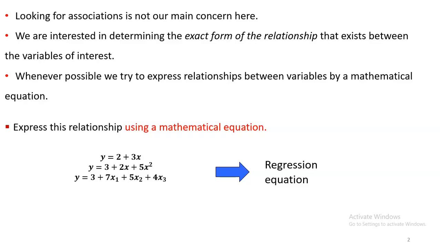So these equations could be, for example, y = 2 + 3x, or something like y = 3 + 2x + 5x squared. And if there is more than one x variable, the relationship could be expressed using y = 3 + 7x1 + 5x2 + 4x3, and the list actually goes on. So these are known as regression equations.